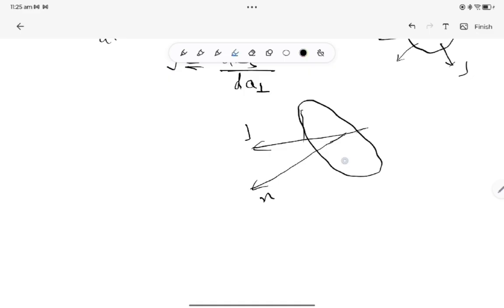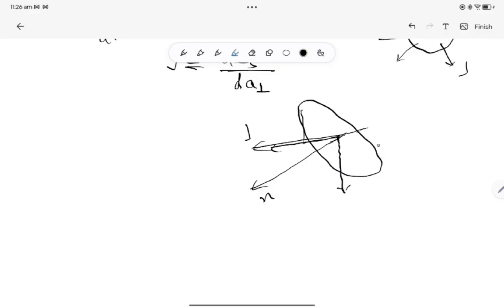Now, what do we do? We decompose this. We resolve this area element, this area vector, into two components. One along J, that means imagine this normal is resolved into two components, one along J and another perpendicular to J, and that is this way.